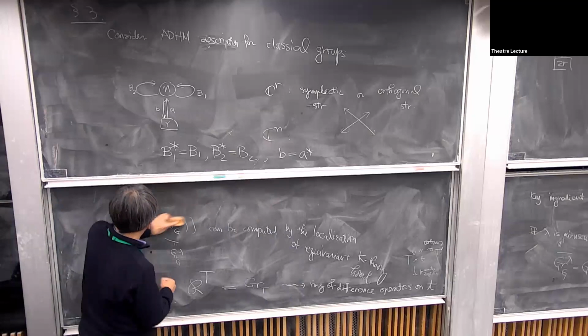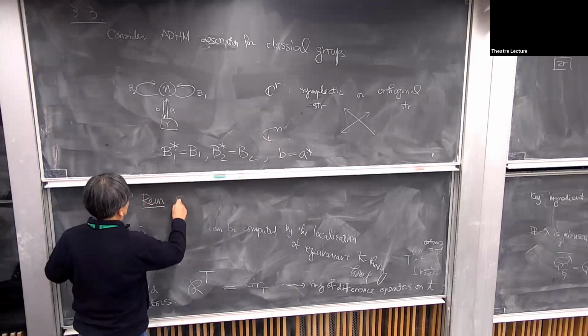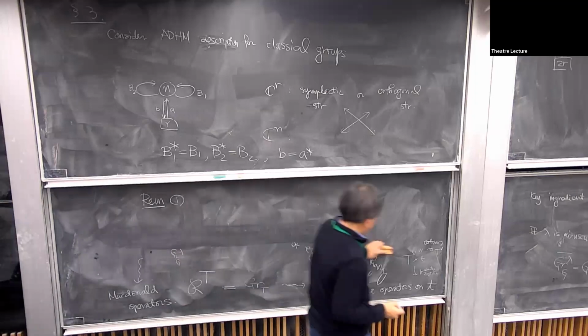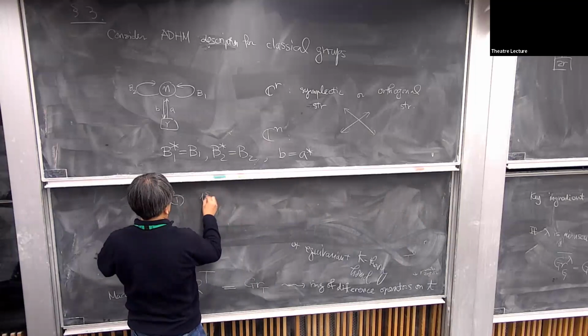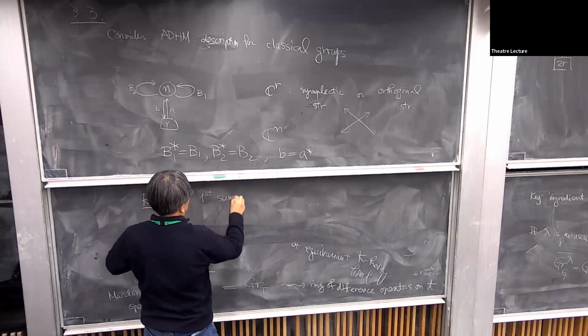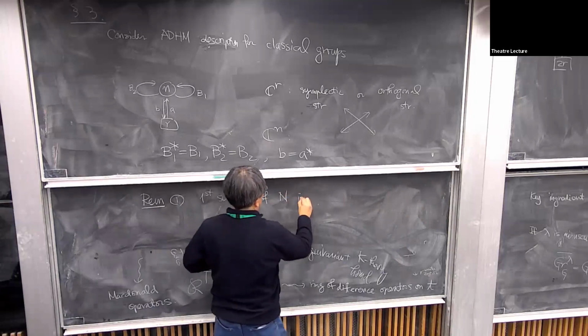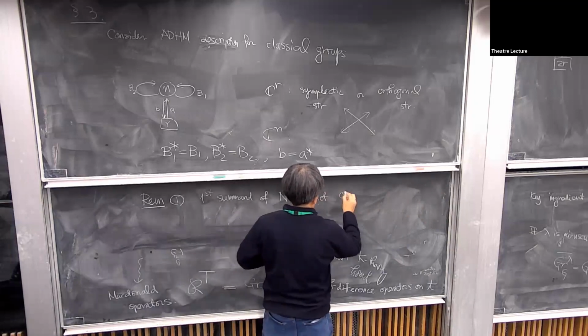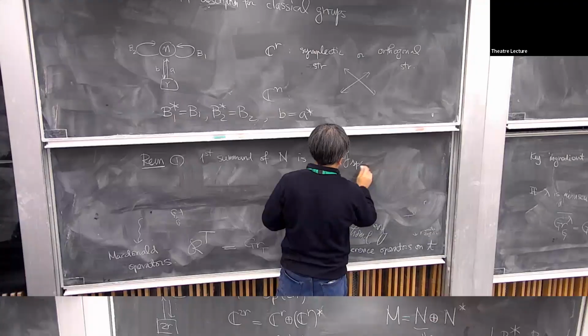And the endomorphism part, maybe this is a trivial remark. This first summand, the endomorphism part, is not the real algebra. So that's Pn.